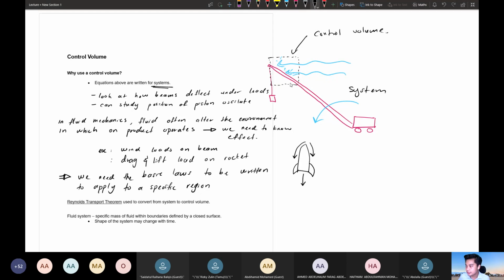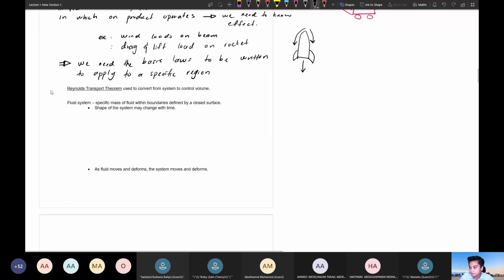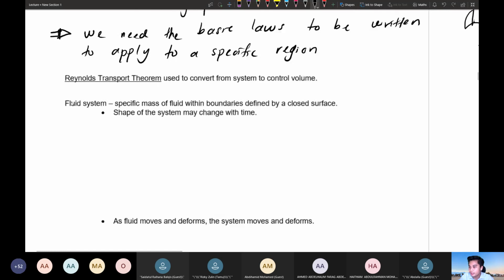We need the conversion from the system into the control volume. So how do we convert from the whole system into the control volume? We're going to use the Reynolds transport theorem. Okay, the Reynolds transport theorem is used to convert from the system to the control volume.